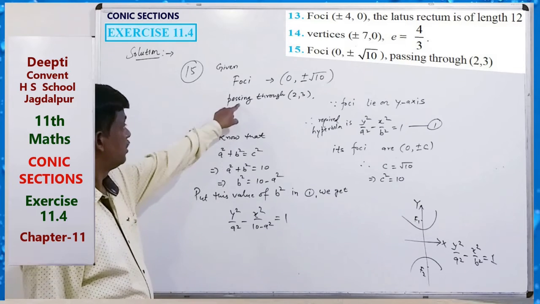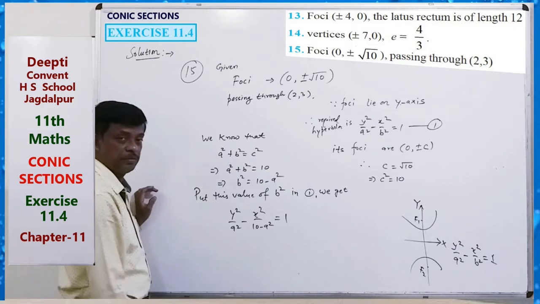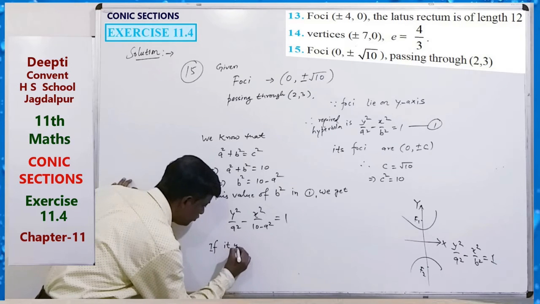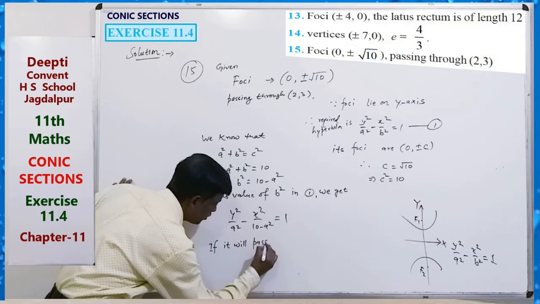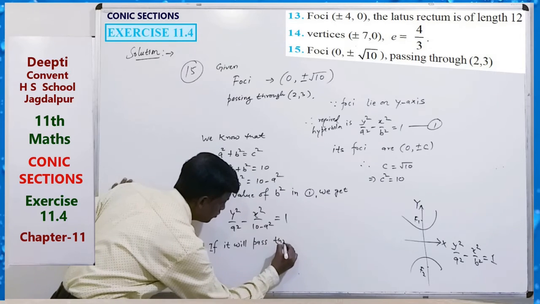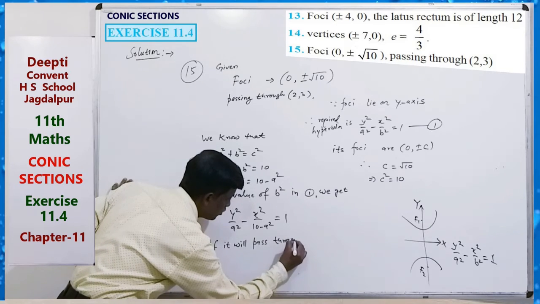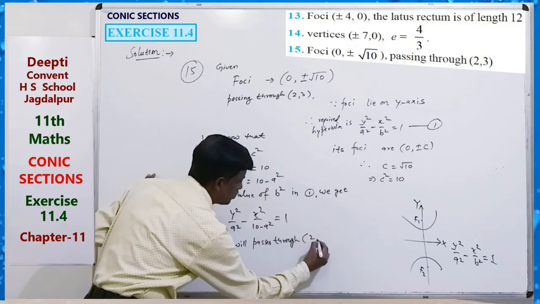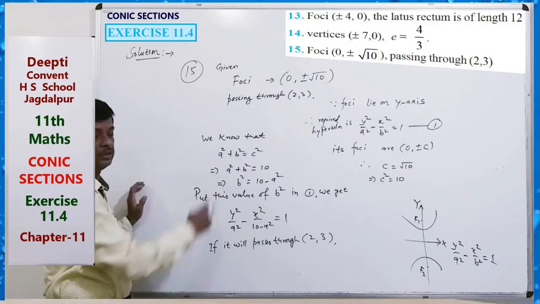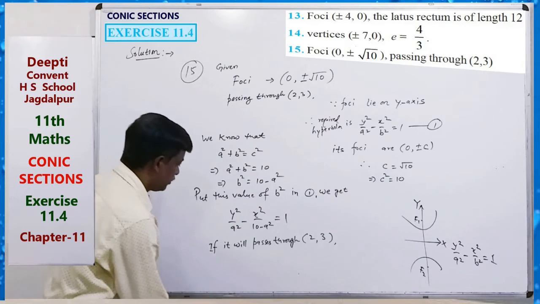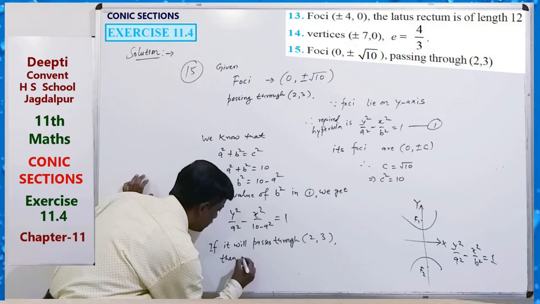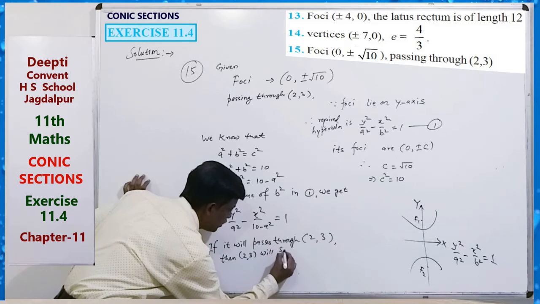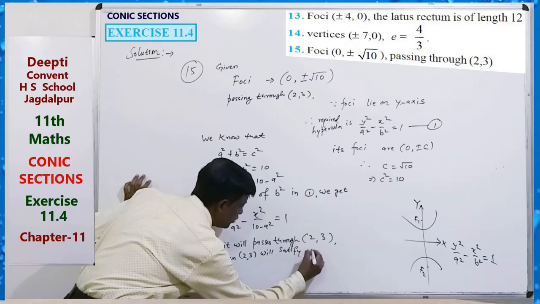But this is the hyperbola passing through the point. If it passes through 2, 3, this is given, then 2, 3 will satisfy it.